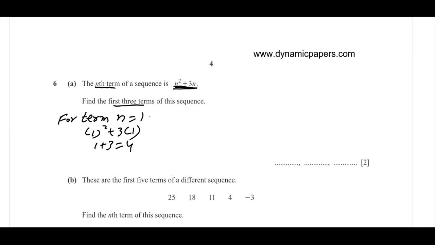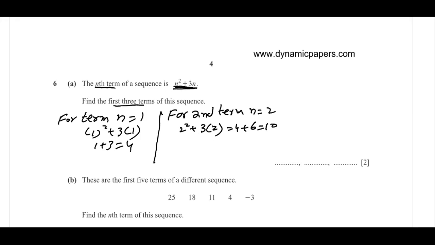Then for the second term, we have to use n equal to 2. So put n equal to 2, it will be 2 squared plus 3 into 2. So 2 squared is 4 plus 6, that is 10. For the third term, you have to use n equal to 3.